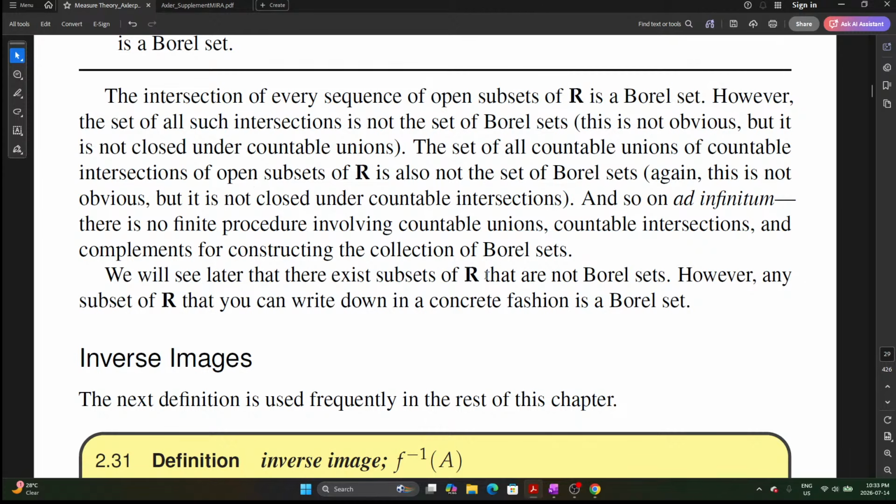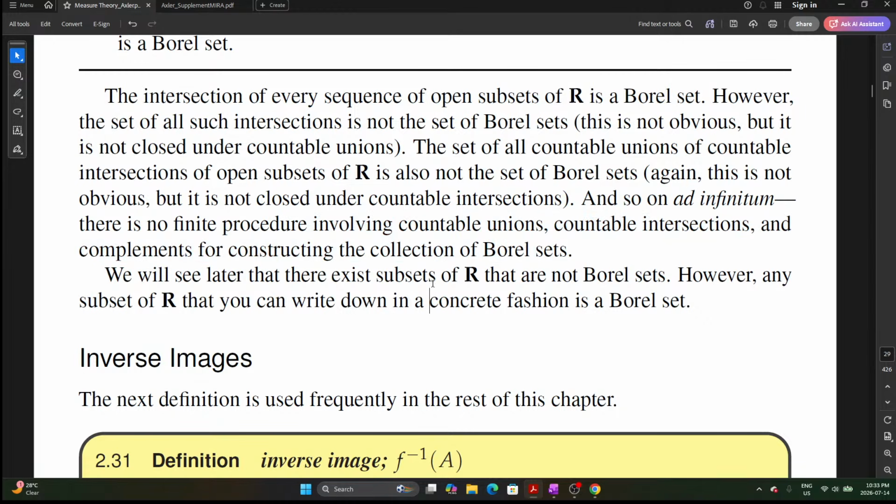The idea is we have this claim: there's no finite procedure involving countable union, countable intersection, and so on, that can construct the collection of Borel sets.